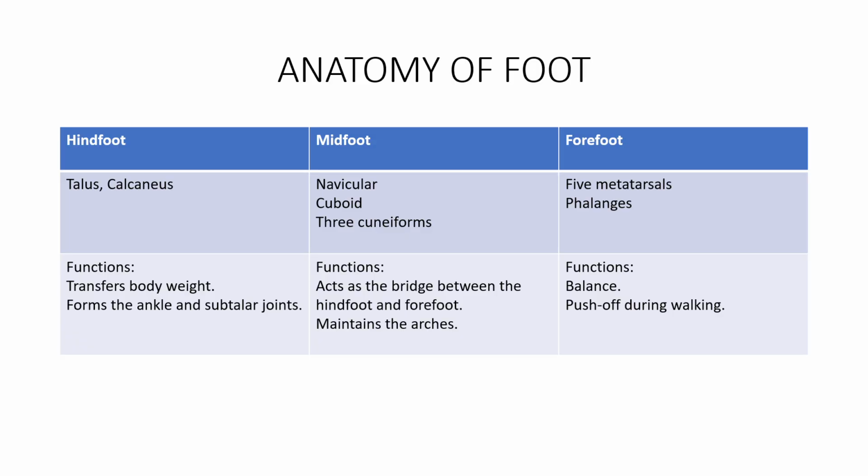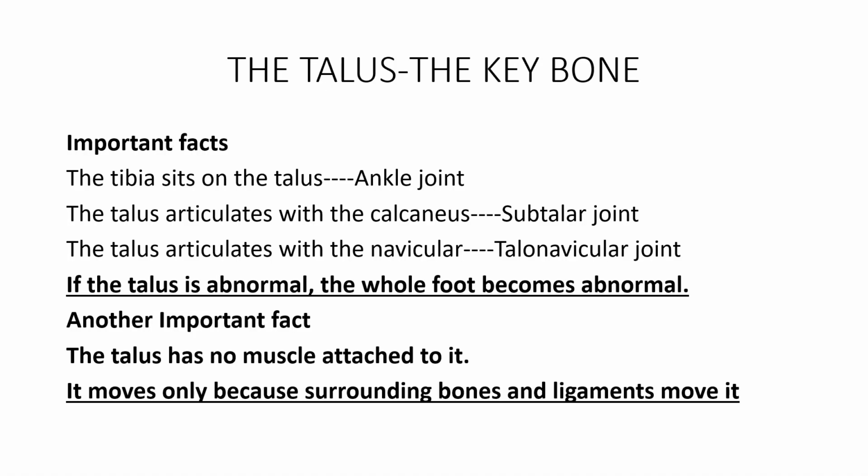The midfoot has five bones, navicular, cuboid, and three cuneiforms, and it functions as a bridge between hindfoot and forefoot and maintains the arches. The forefoot consists of 19 bones, 5 metatarsals and 14 phalanges, and it functions as a balance and push off during walking.